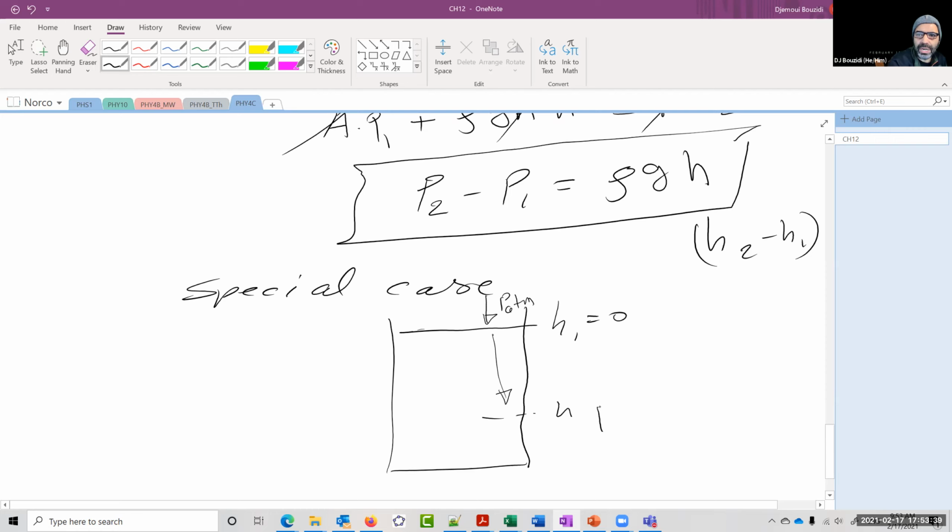The pressure at this point H, when I move P1 to the other side, is going to be the atmospheric pressure plus rho g times H minus 0, which is H.